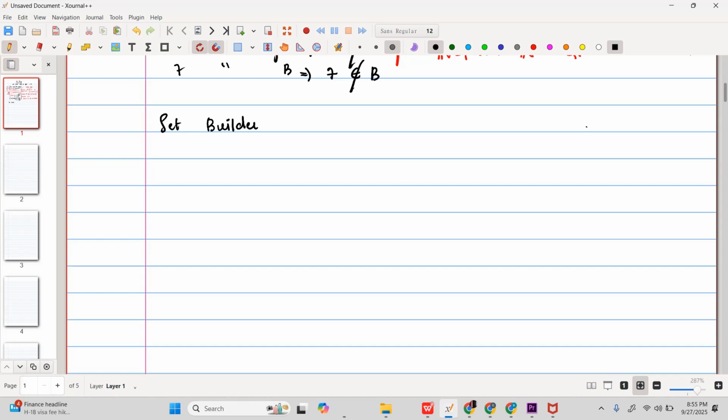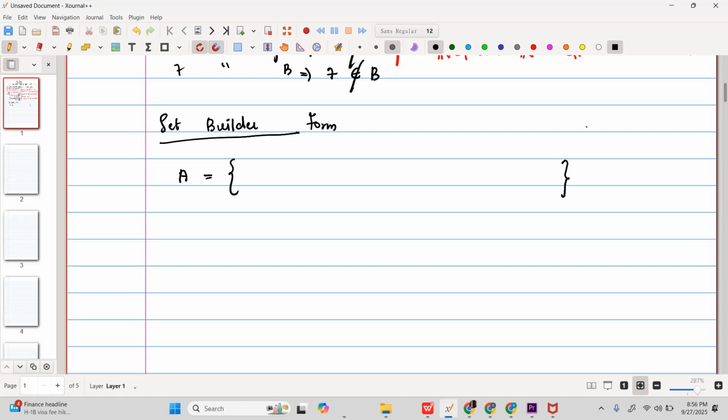If I am selecting the set builder form, we have to give a naming to the set, say A is the set. This is the set of elements, and we don't know what the objects are here.